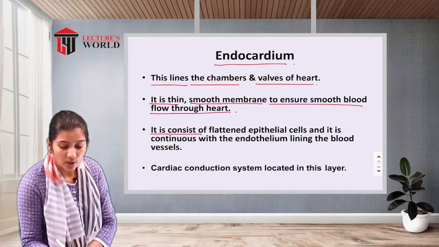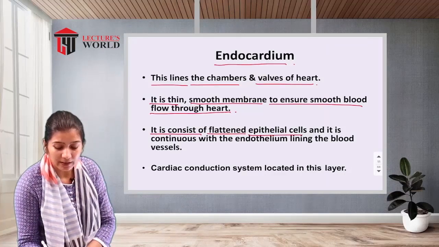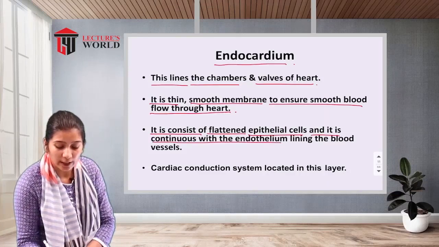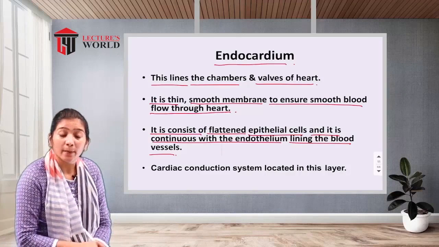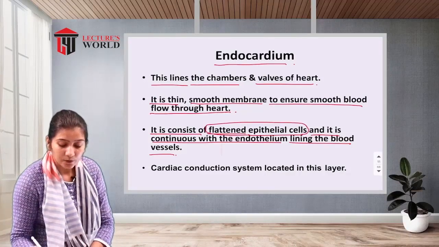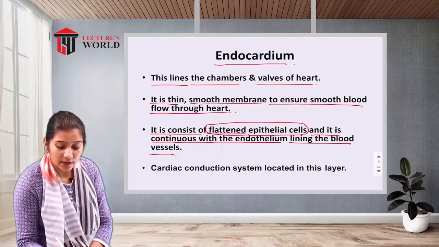It consists of flattened epithelial cells and it is continuous with the endothelium lining the blood vessels. So the endocardium layer is made up of flattened epithelial cells, and it is continuous with the endothelial lining of the blood vessels.